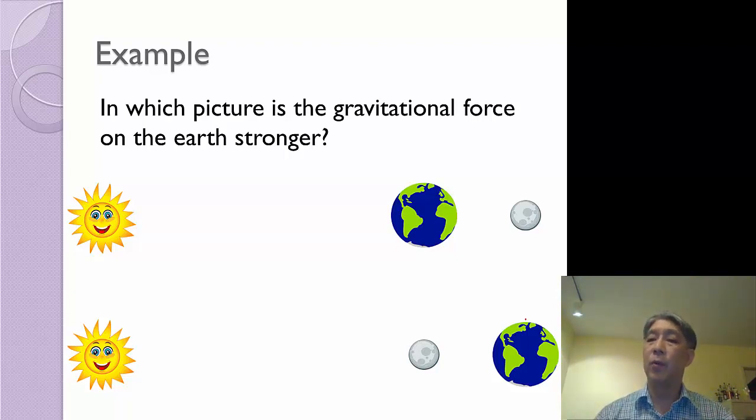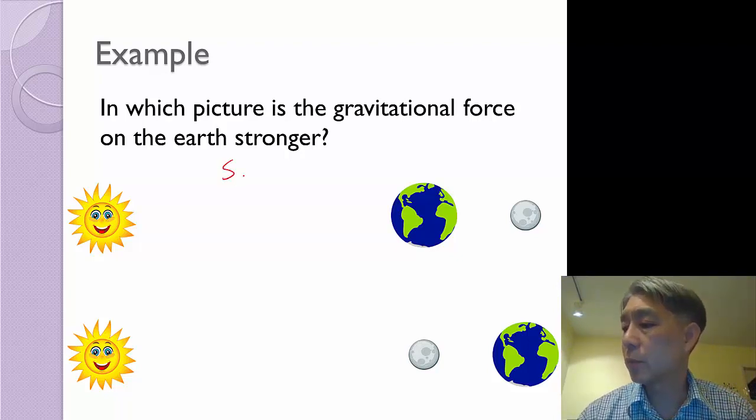Yes, even at that distance, the Moon can attract the water. And when the Sun and the Earth and the Moon all line up, the gravitational force from the Sun and the Moon combine, and we end up with larger tides than usual. So this is called spring tides.